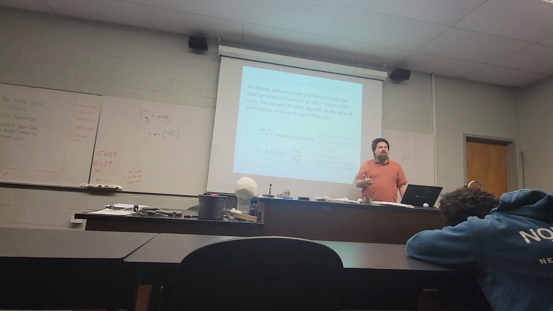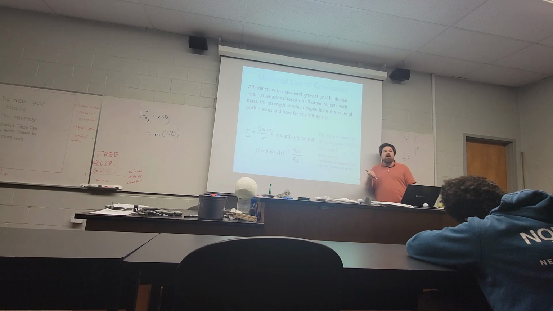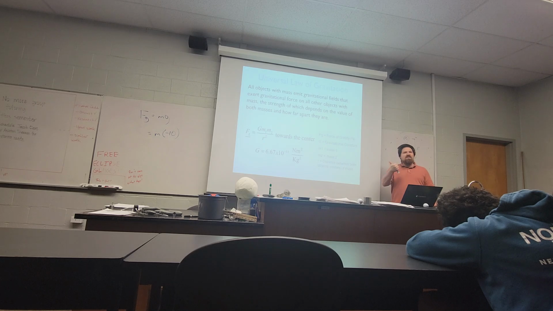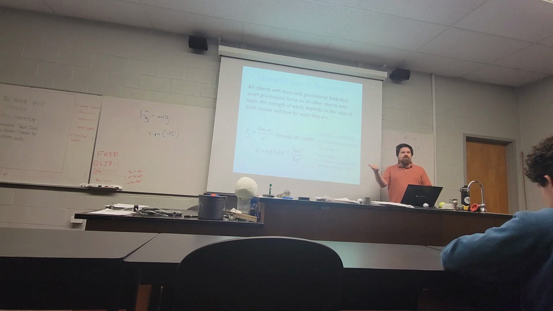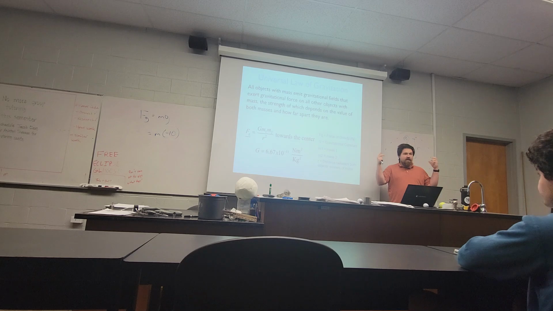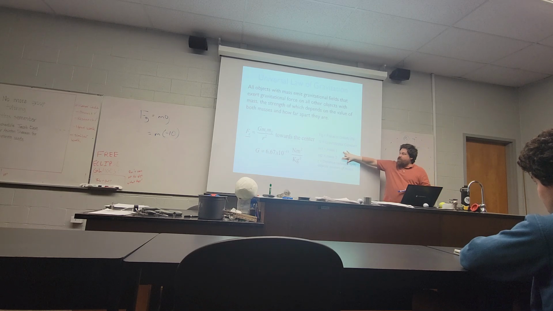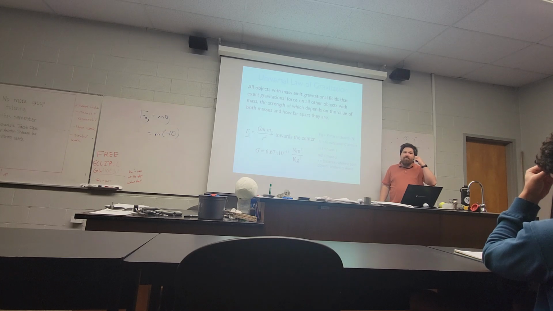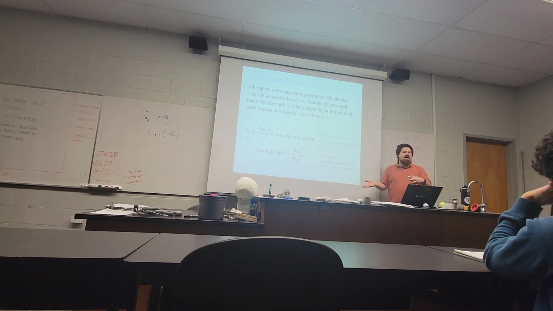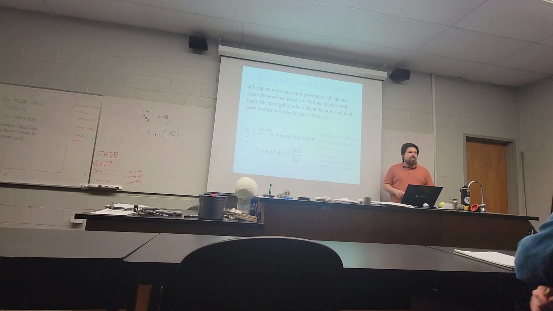One object creates a gravitational field, but one object does not exert gravitational force on itself. It exerts gravitational force on a second object. So you need two things, you need two masses. Got them here listed as M1 and M2. Later on, I'll get more specific about which one is like mass Earth or mass Moon if I need to.